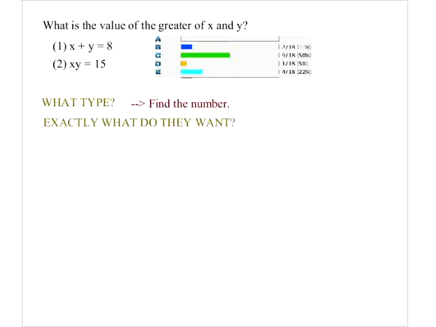Actually tell me in very precise terms, what do they want? They want the maximum of x and y. Yeah, they want whichever one is bigger. So they want a number for the bigger value between x and y.